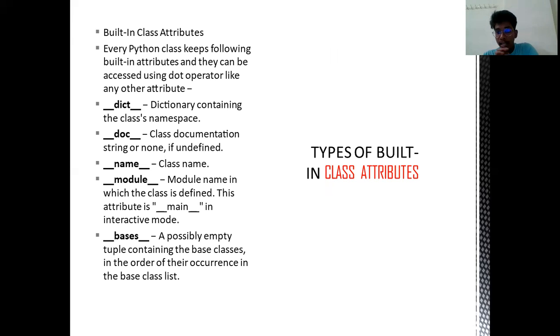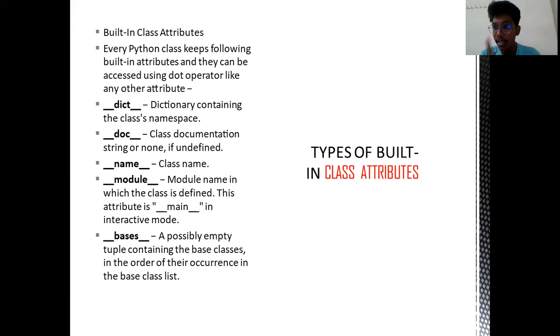So, types of built-in class attributes. Class attributes can be used as class variables. Every Python class keeps the following built-in attributes, and they can be accessed using the dot operator like any other attributes. There are five types of built-in class attributes: dictionary, documentation, name, module, bases.